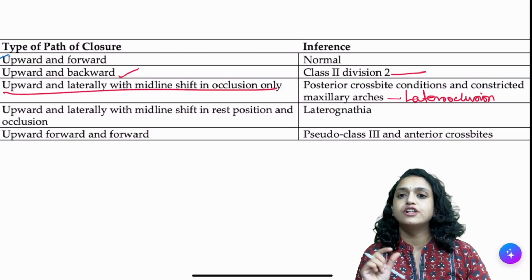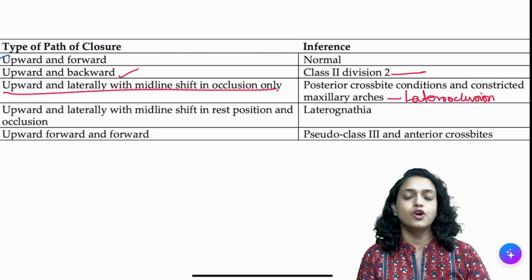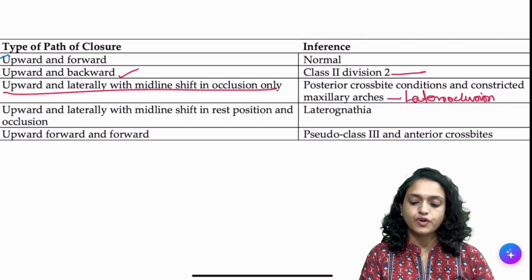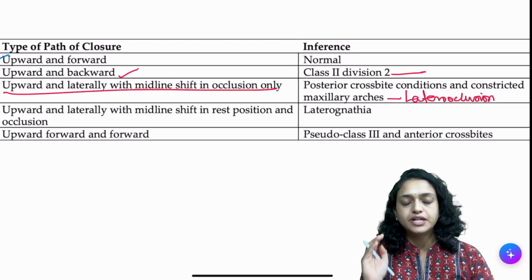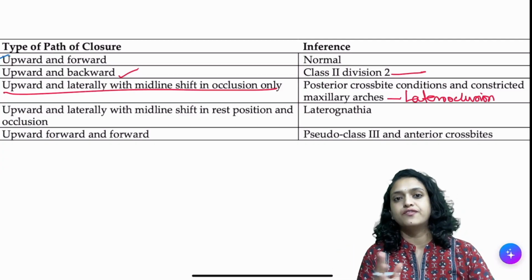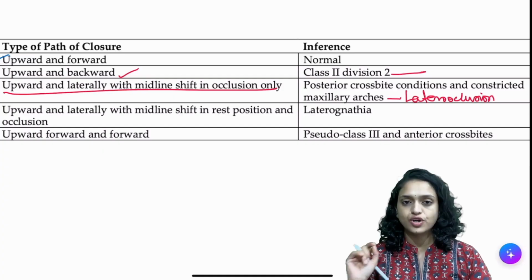Lateroocclusion is also known as functional asymmetry or functional shift. When the midlines are coinciding at rest position but shift in occlusion, it is called lateroocclusion.